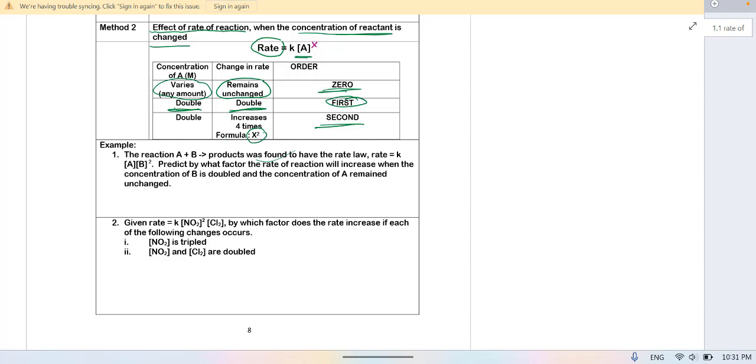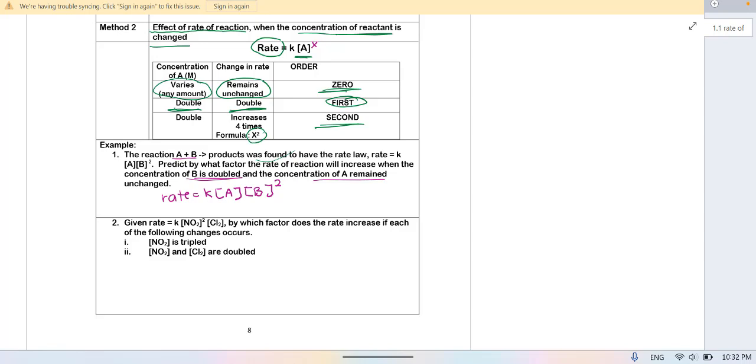Okay, next kita akan tengok example. So the reaction of A with B will produce a product was found to have rate law: rate is equal with K, concentration A, so A is first order, concentration B is second order. Predict by what factor the rate of reaction will increase when concentration B is double and concentration of A remain unchanged.